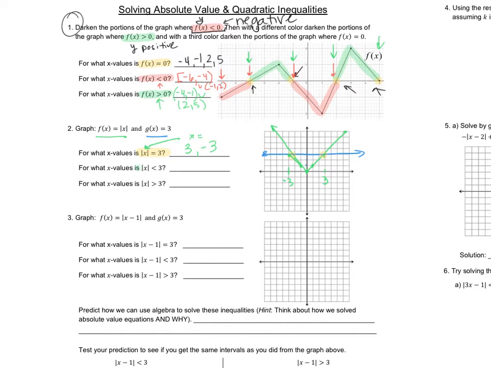So when I'm looking at the part where it's less than 3, so that means where is our v below that y value of 3? So it's happening right there, and that's between -3 and 3. We're below. Then we're looking about where we're above, where we're greater than 3.